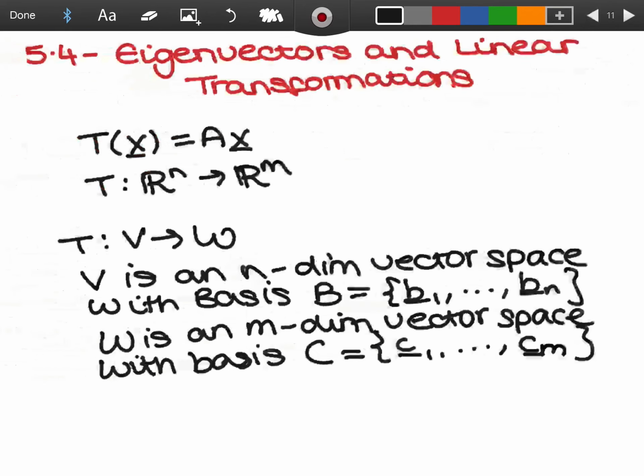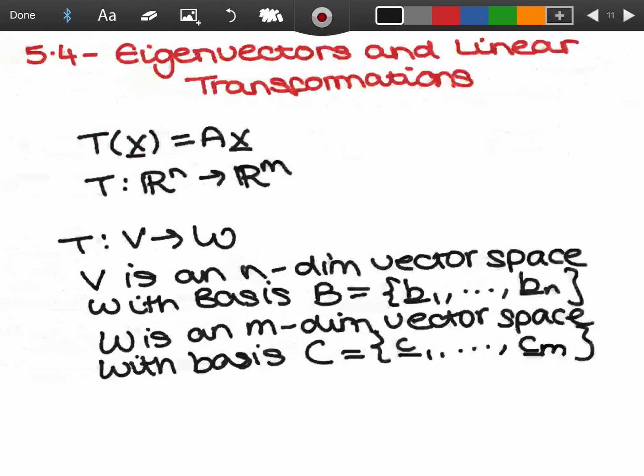Going back to what we had here, we know that V is an n-dimensional vector space with basis B1 through Bn. So they are our basis vectors.